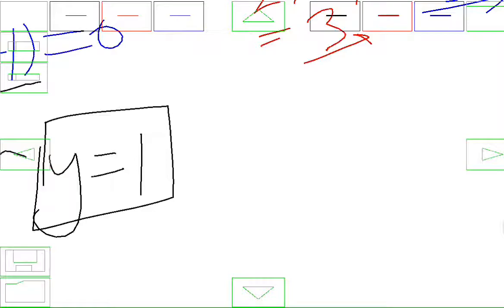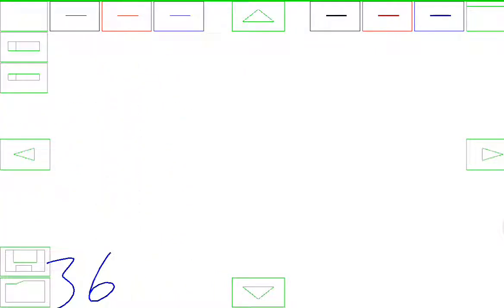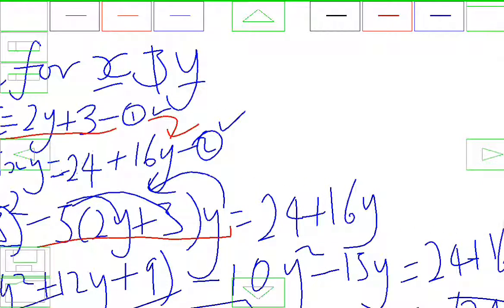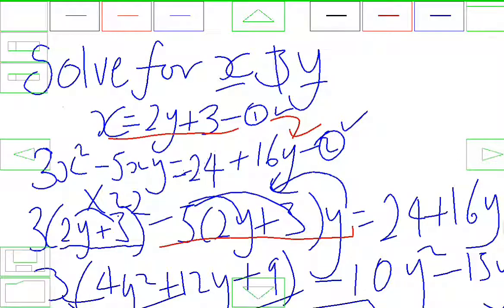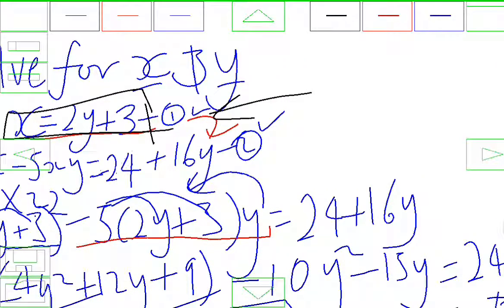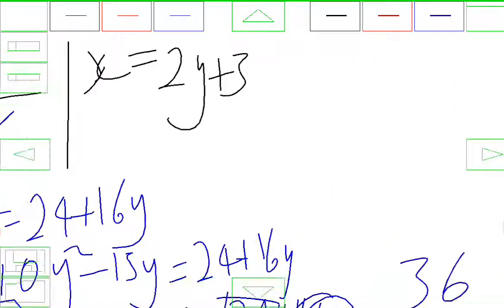So in other words, I'm just going to write it here. Equation 1 was this here, so we need to substitute into that equation over there. We'll say x should equal 2y plus 3.